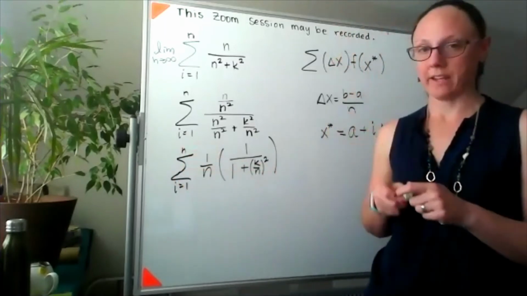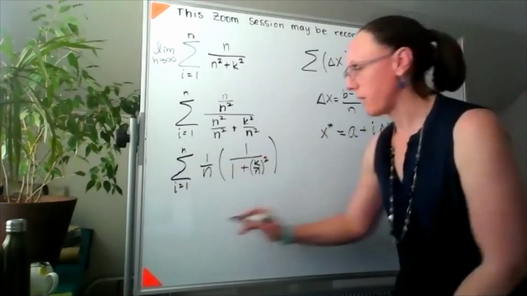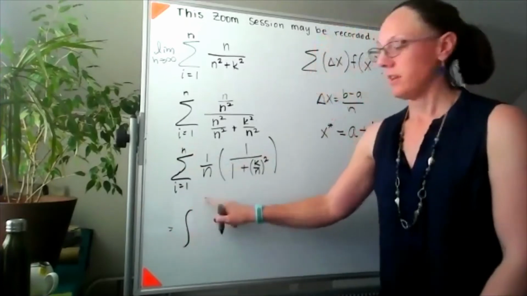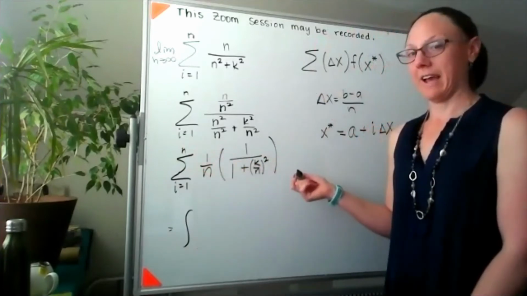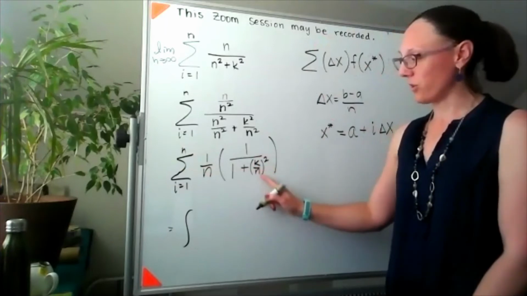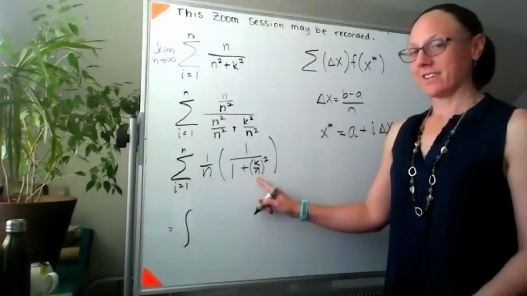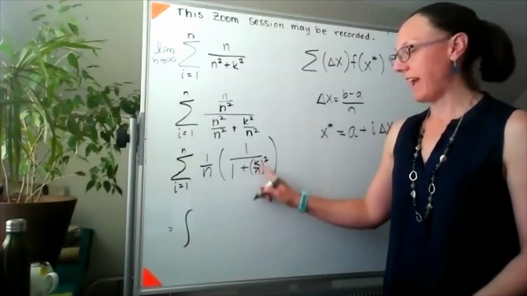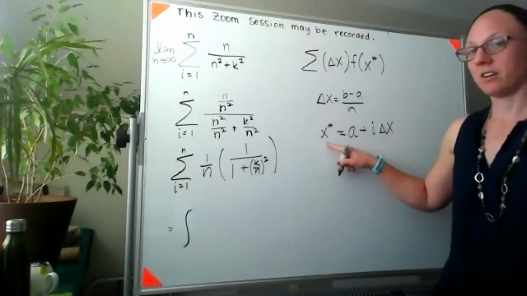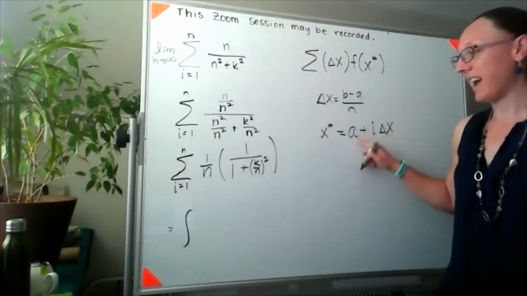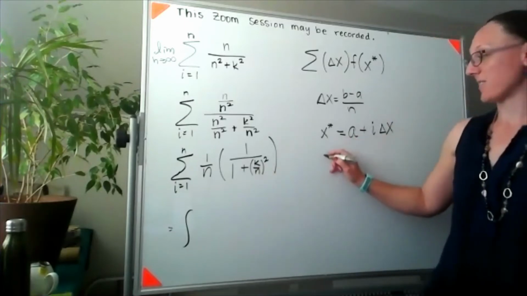I now know two things. I know that b minus a is equal to 1, so whatever is happening with our integration, these values should be 1 apart if 1 over n is my delta x. I also know in here that probably our easiest option, if that I over n is going to be my x star, that must mean that a is 0.